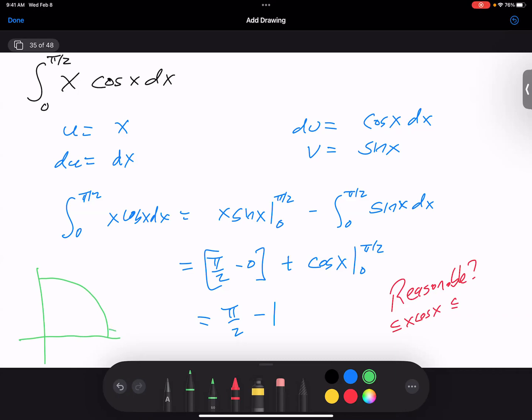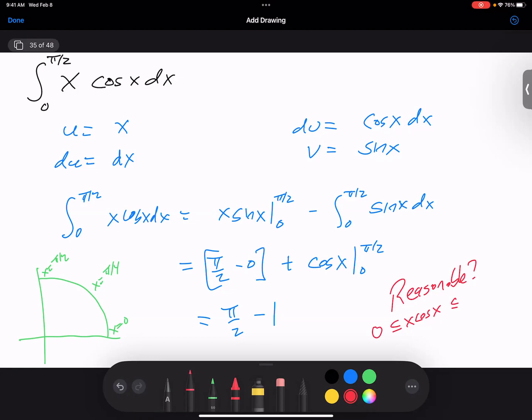This is x equals 0, x equals pi over 4, x equals pi halves. What can you tell me about x cosine of x? What kind of number is it? Can you give me a lower bound? Yeah, it's never going to be negative. So we know it's at least 0.